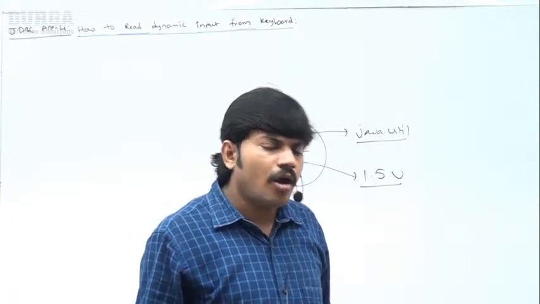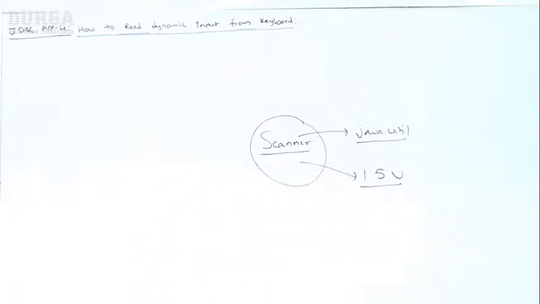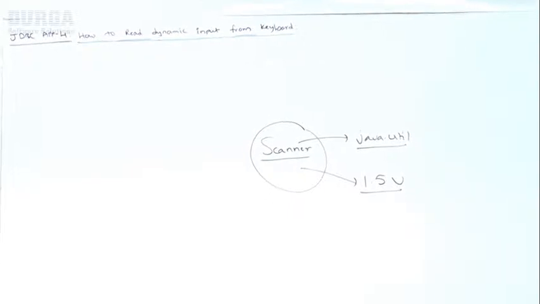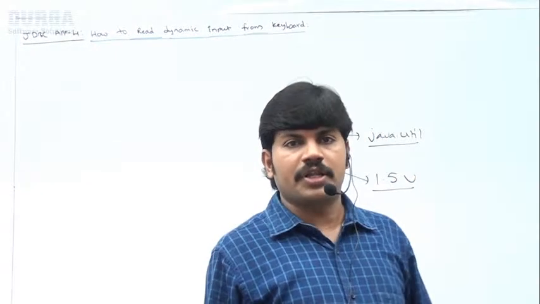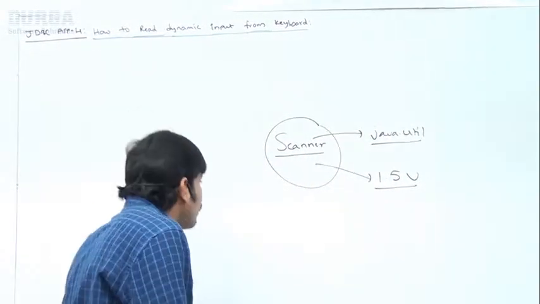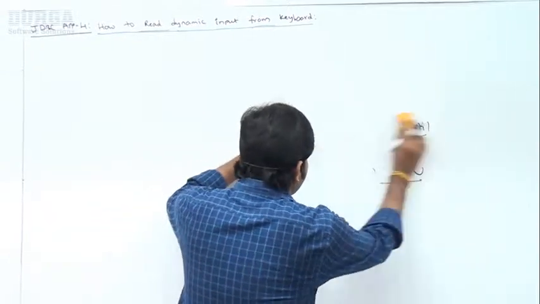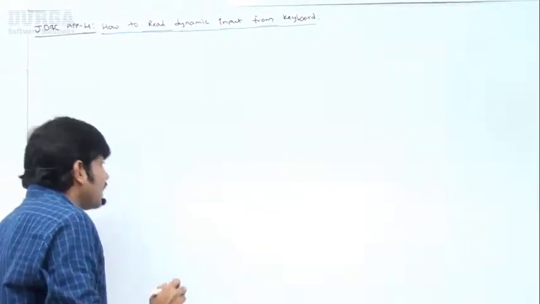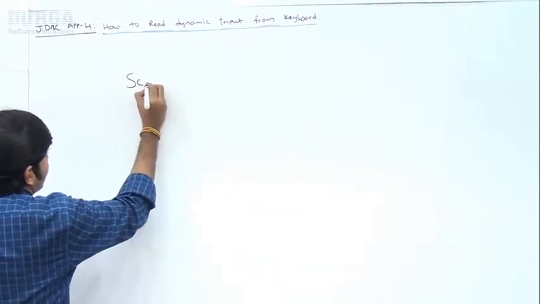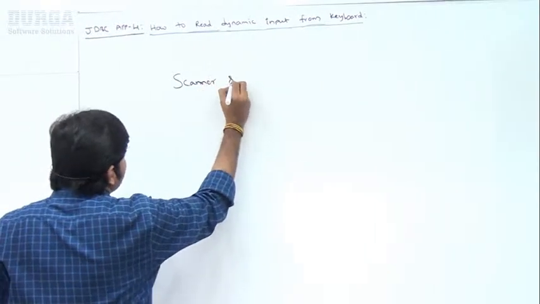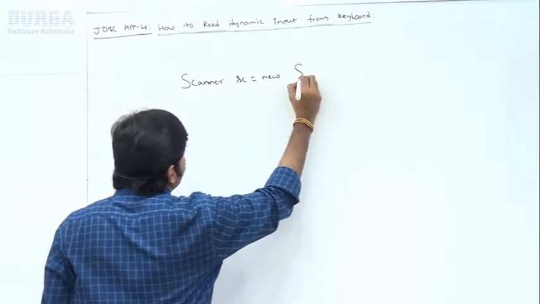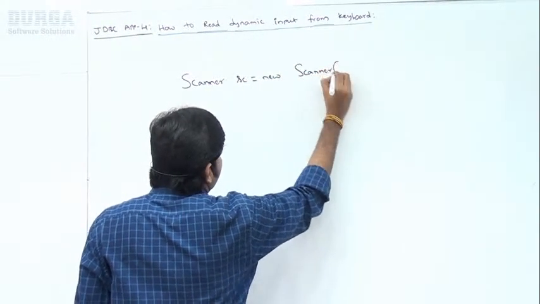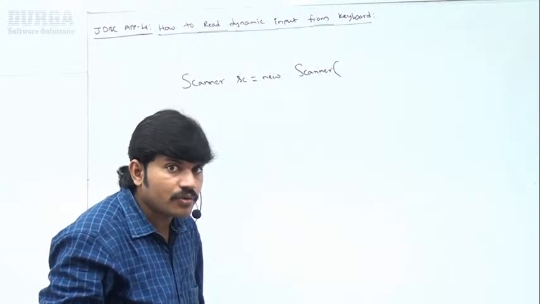How can we create a Scanner class? Scanner sc is equal to new Scanner. From where do I have to read the data?